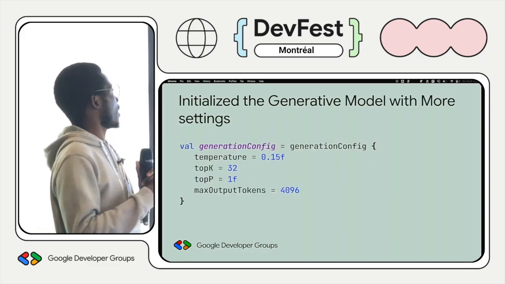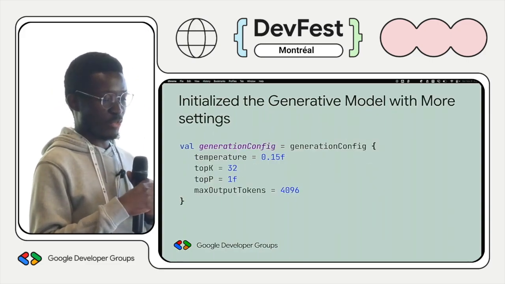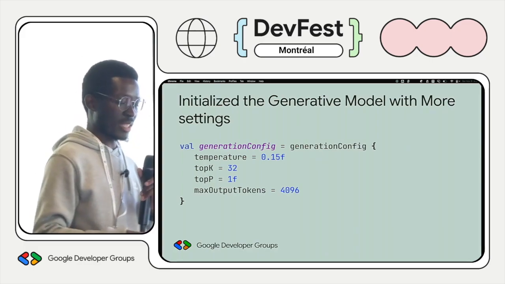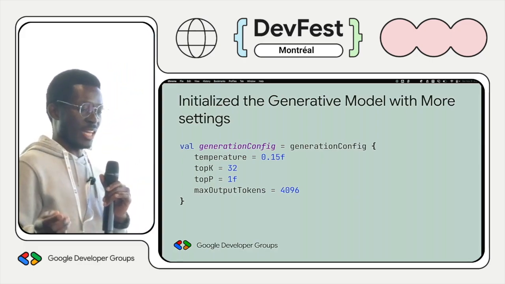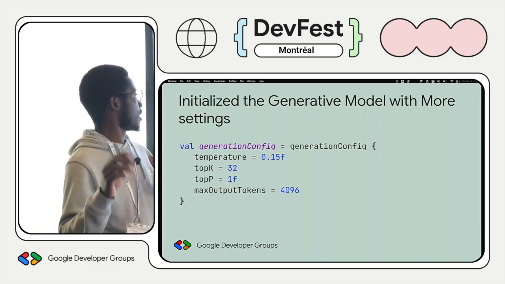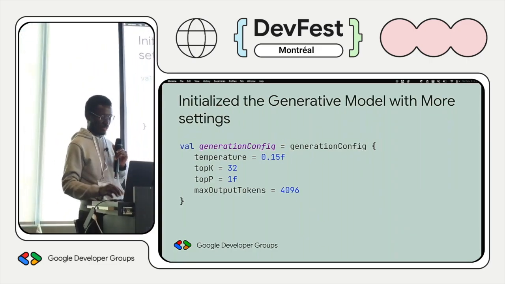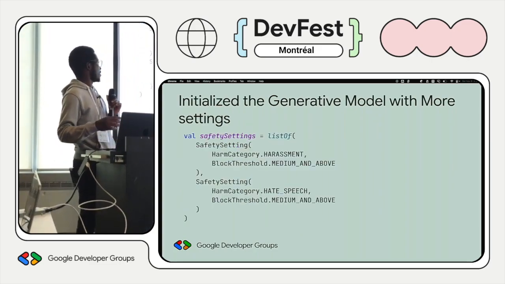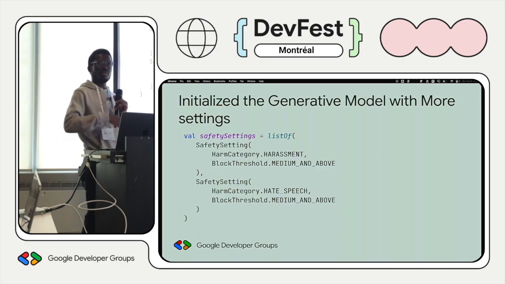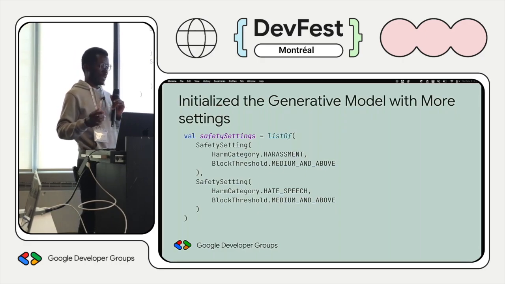But you can also specify a bunch of other parameters. For example, here you can specify some configuration, like the max output tokens, the temperature, and a bunch of other stuff. You can even specify the safety settings. Let's say you want to define how the model responds to your prompts.